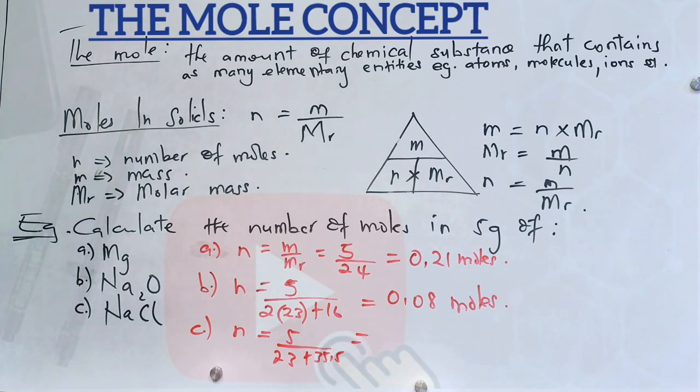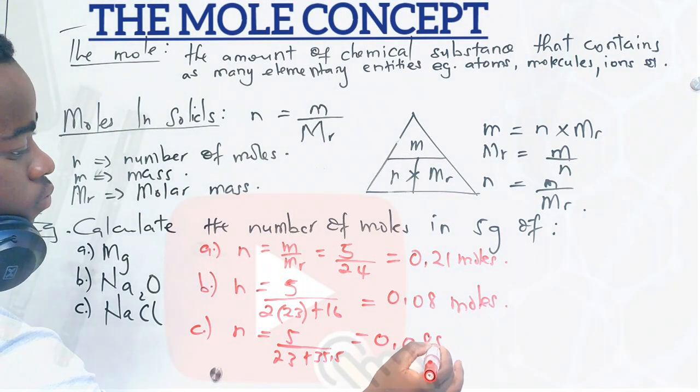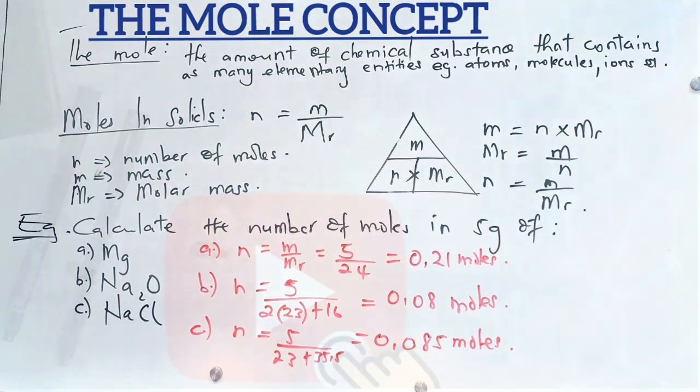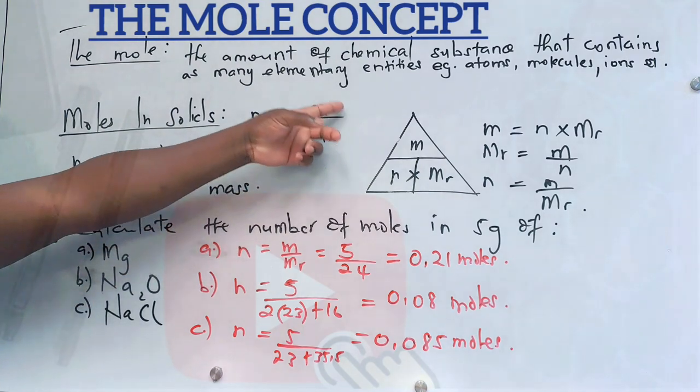Then the answer is 5 over that, which is 0.085 moles. So this is how we calculate the number of moles in solids using the formula number of moles is equal to m over Mr.